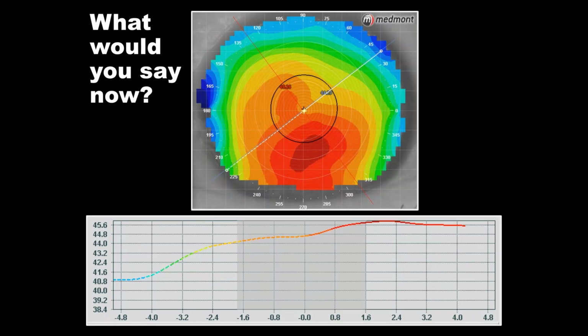We don't have any reference point. We don't have any radii, as an example, to draw any conclusions from. So let's focus in on the pupil here and look at the distribution of power across the flat meridian. There's some asymmetry to the way the powers are distributed from this point across to this point.